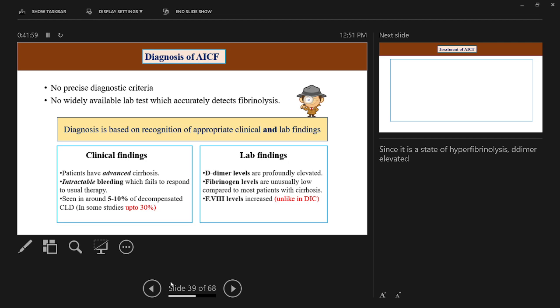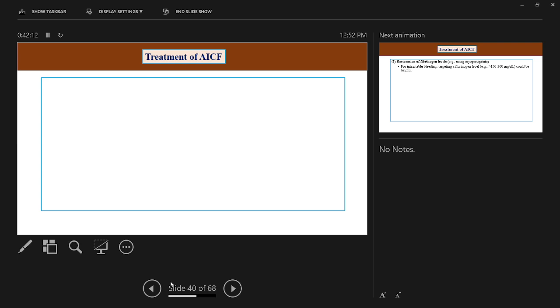So in such a patient, you can send TEG and you can also send a DIC profile. Yes, sir.